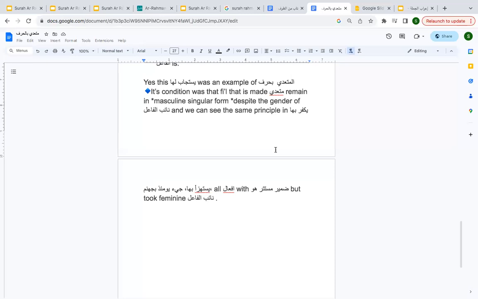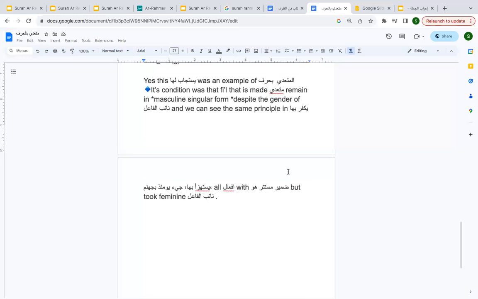The fail is always going to be masculine. Masculine huwa is the form of the fail that you are going to see. You will see a masculine singular fail, a fail majhul that has huwa in it, an inbuilt pronoun huwa in it.